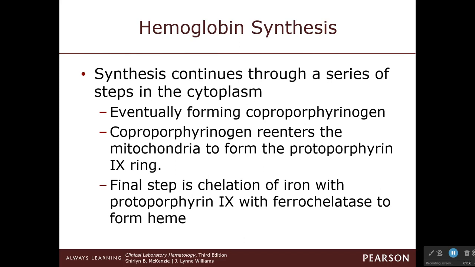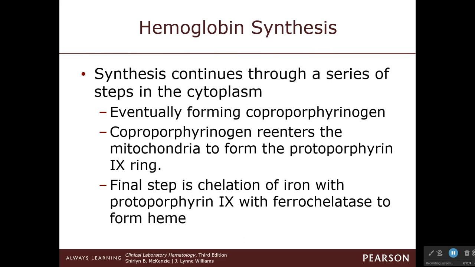Now in your book on page 81, figure 6.3 shows all the detail of this formation. What part occurs in the mitochondria, what part forms in the cytoplasm. Okay?